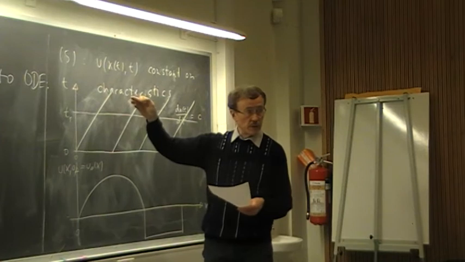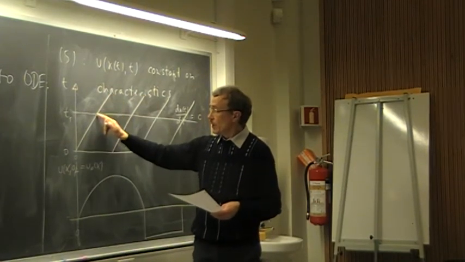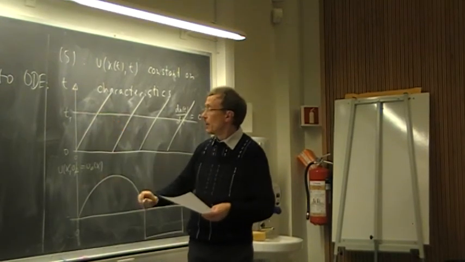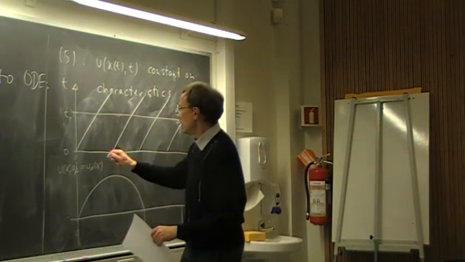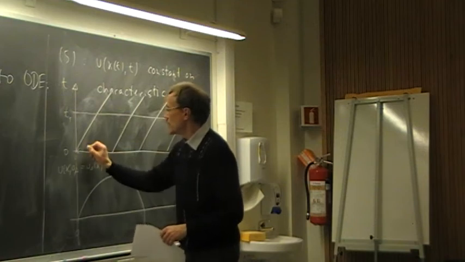That is what we derived. The solution is constant on characteristics. So when we are then at the time t, the solution will be the same as there. So that means we have then the distance traveled in that time. This distance here is then c times t1.